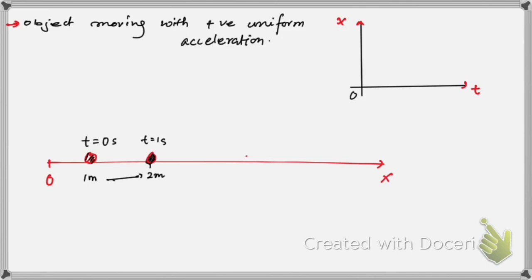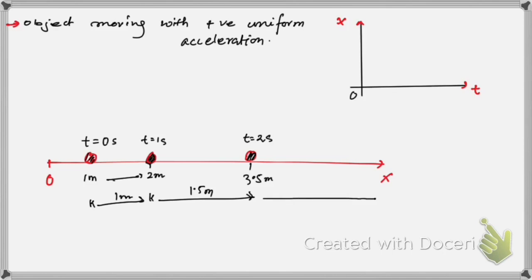That means the new position, when t is equal to 2 seconds, is suppose 3.5 meters. That means it has traveled a distance of 1.5 meters, whereas in the first 1 second it traveled only 1 meter.